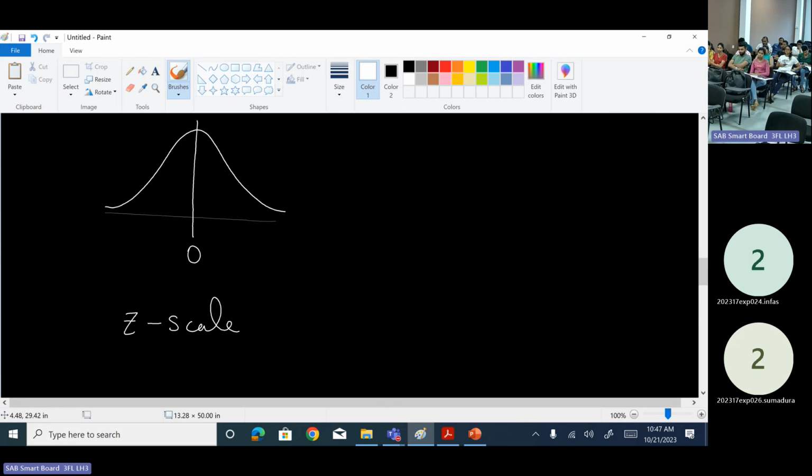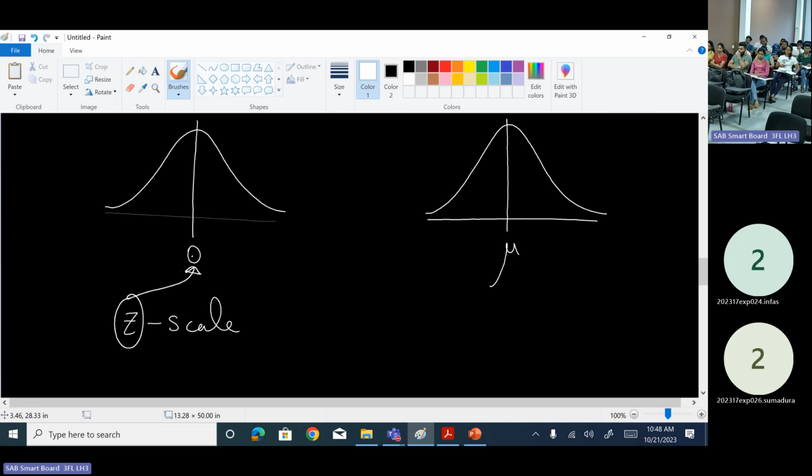But originally, when we draw the characteristic curve, we draw a structure like this, and here we mention mu. It is the same structure. If you put 0 in the middle, you are introducing the Z variable's mean value, so you call this the Z scale structure.